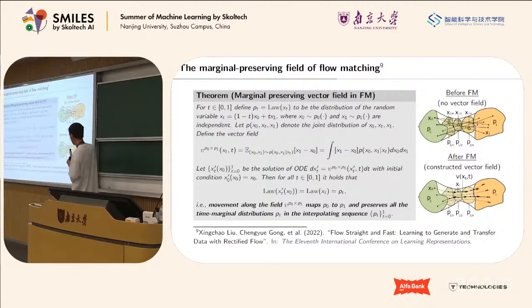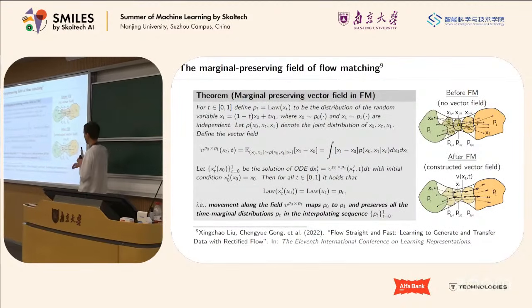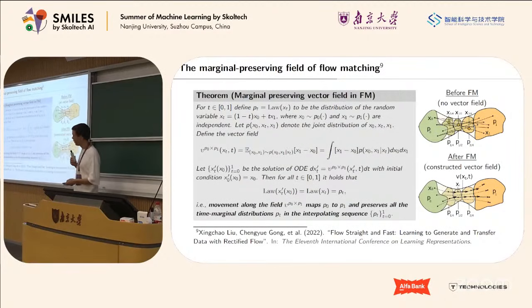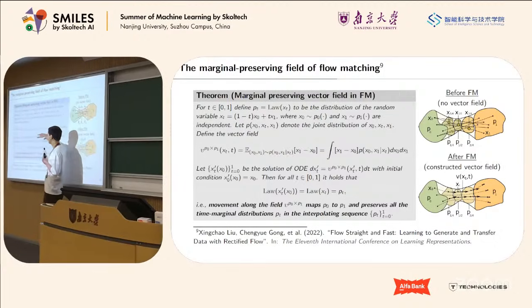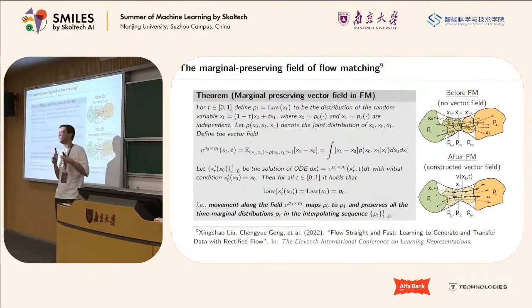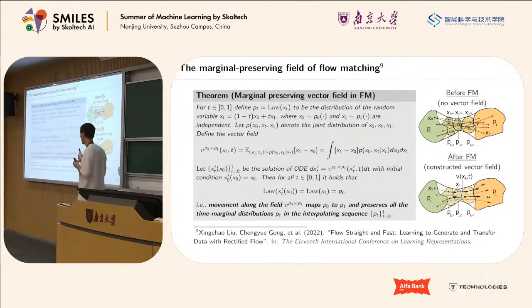In particular, the end point of this movement will be the target distribution P1. And furthermore, this vector field which we search for, which we want to find to do generation, even has a closed form. Yeah, so there is some formula how you can, well, theoretically compute this vector field from your data. Basically, what is that?